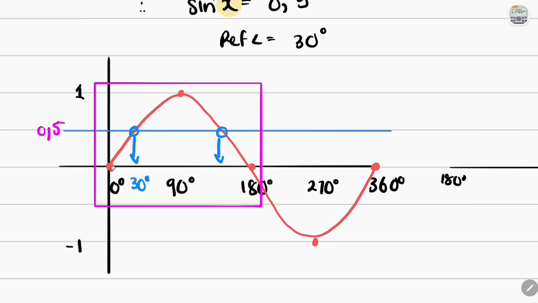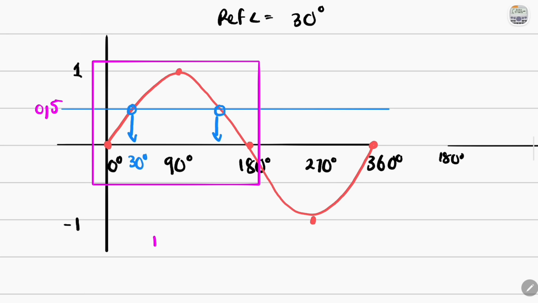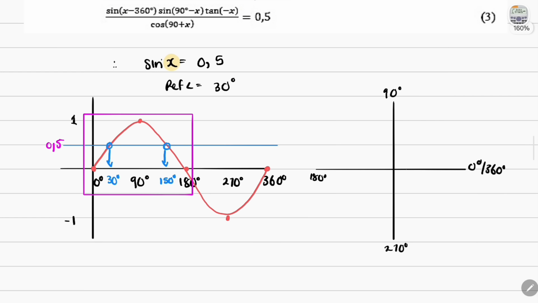So from 0 degrees, if you go 30 degrees to the right, then the graph has a y value of a half. Then from 180 degrees, if you go 30 degrees to the left, you're going to have a y value of a half. And that is why we say 180 degrees minus 30 degrees. And that will be your next x value where you have a y value of a half. So 180 degrees minus 30 degrees, that is 150 degrees. If you did this using the cos diagram, you get the same answers as well.